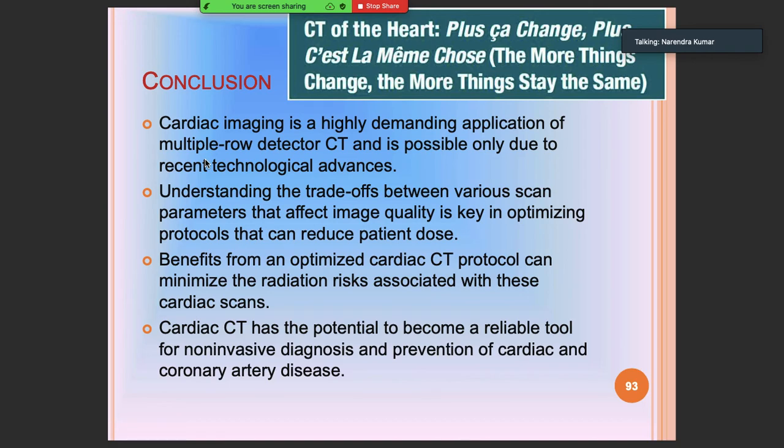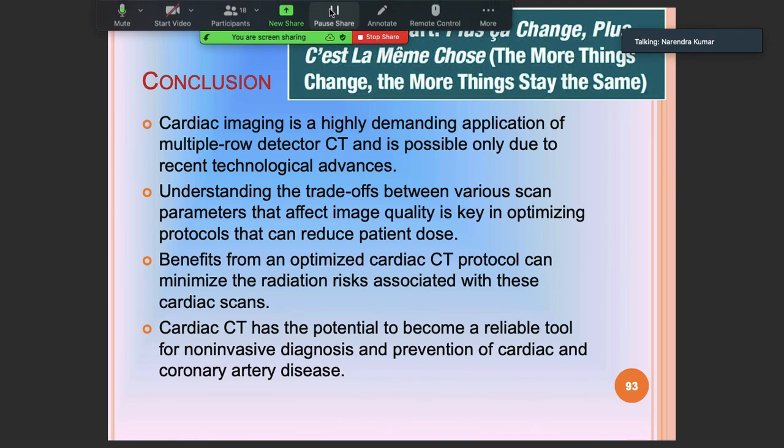The benefits can be immense, especially if you focus on using this device with minimal cardiac risks, limiting the radiation as well. So it is highly demanding, and if you can use it in an optimal way, it's a great cardiology tool for sure.